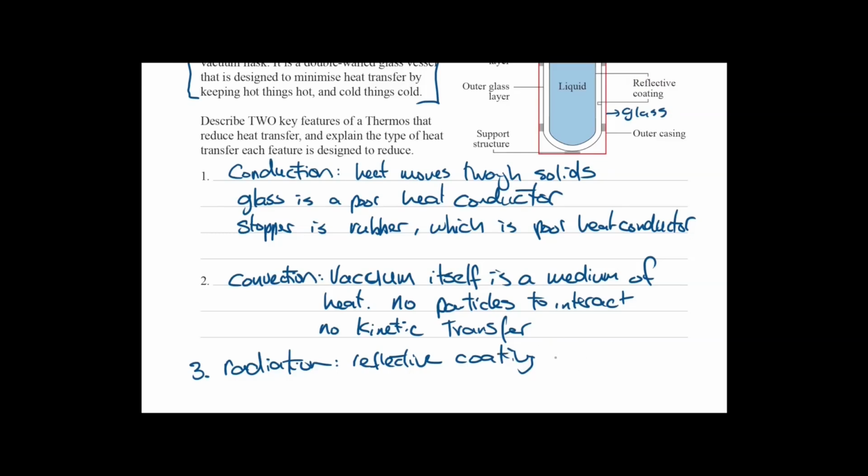The reflective coating will reflect thermal radiation. Radiation is, of course, transfer of heat energy through electromagnetic waves, and that's going to reflect this. It's the reason why those space blankets are effective. They reflect radiation of heat.